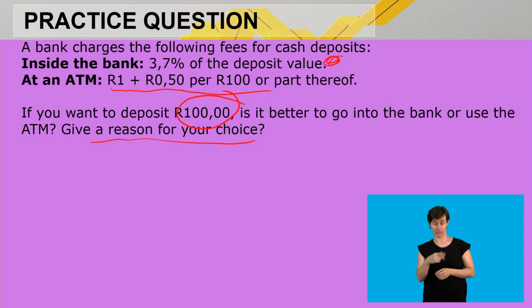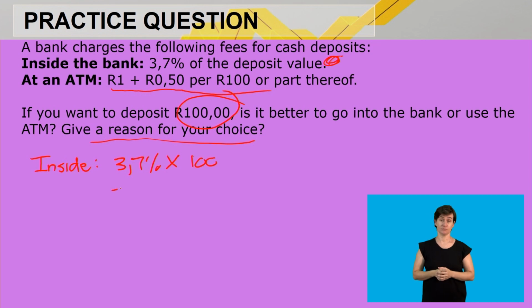If we look at this from inside the bank, now remember, inside is 3.7% of the deposit value, so it's of 100, and then that will be 3.70 rand. And then when you go at an ATM, so there is the ATM.